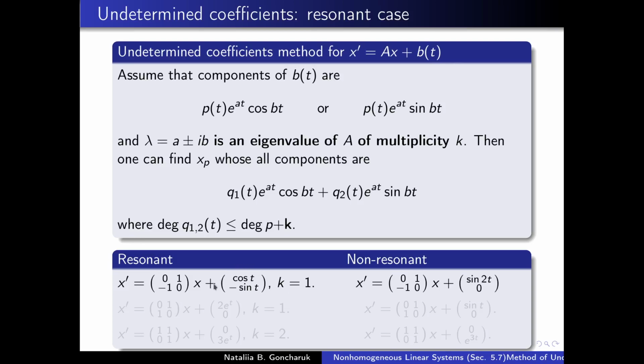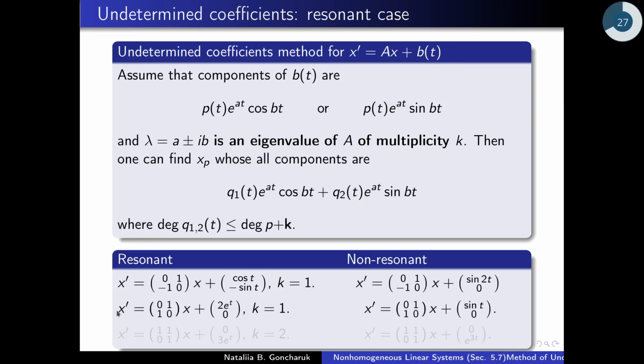Now, if you replace this B by something else, let's say sine of 2t, then the number lambda related to B becomes 2i, and it is not an eigenvalue of this matrix. So this case is non-resonant, and xp should have both components sine and cosine of 2t, and the previous case is resonant, and xp should involve t multiplied by sine, t multiplied by cosine, and sine and cosine as well.